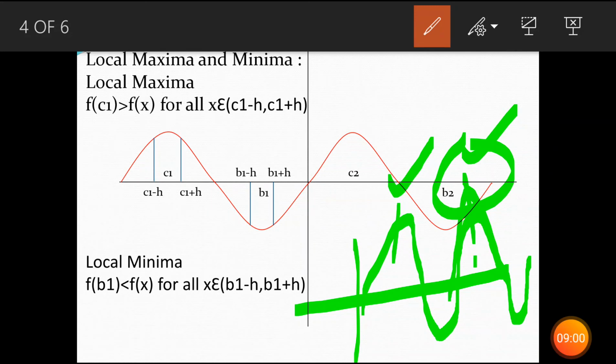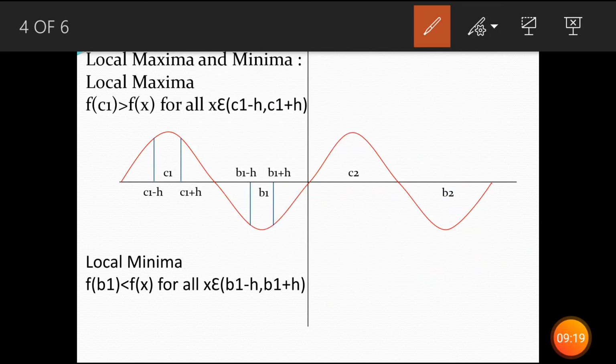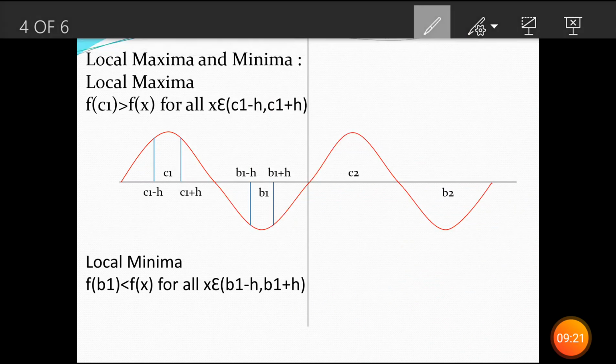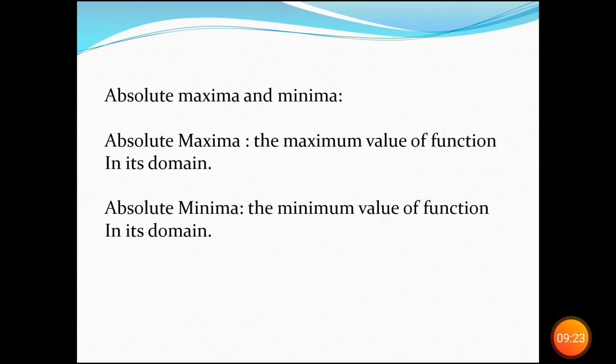Here it is also a local maxima, but as it is the highest value, we consider it the absolute maxima also. Likewise, we can consider the absolute minima in the minimum case. So this is the concept of local maxima, local minima, absolute maxima and absolute minima.